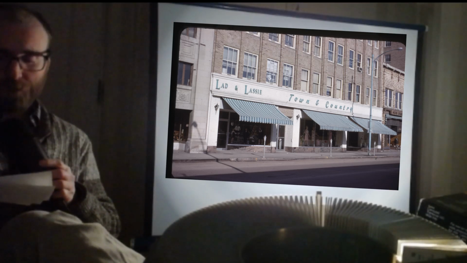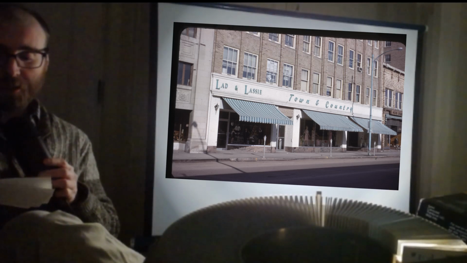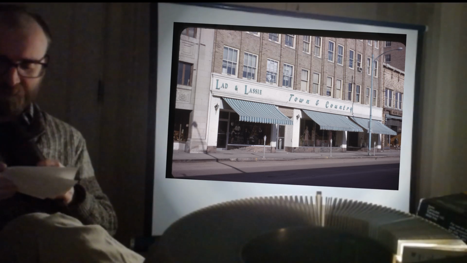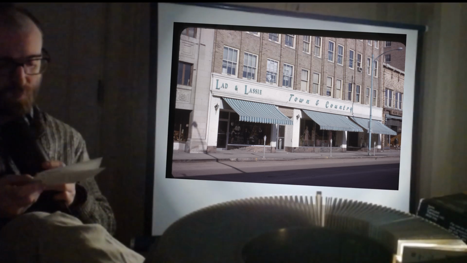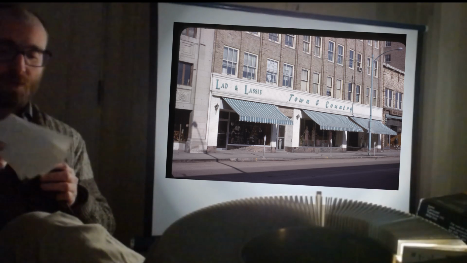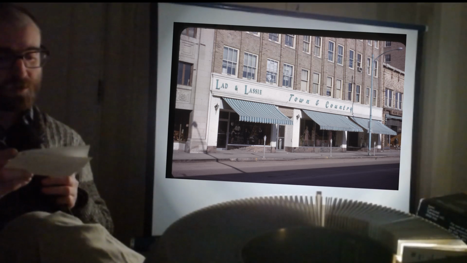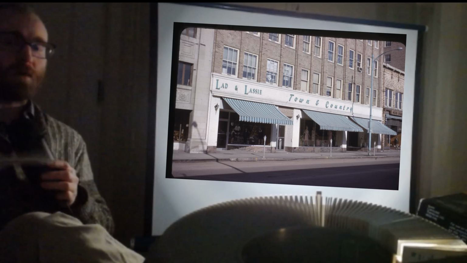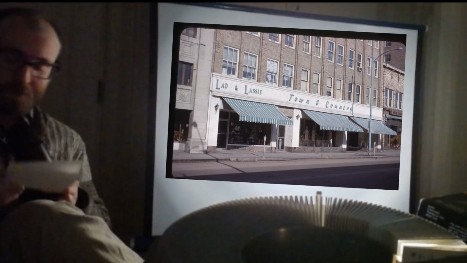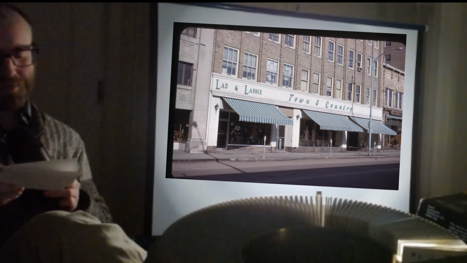That was for kids' clothing. And then you had Town and Country, which was for adult clothing. On the same sort of block, the Schuett family ran both of them. Fun fact, I guess, they started with the kids' shop. In 1960, they opened up Ladd and Lassie. And then in 63, they built on that by opening up Town and Country. And this mercantile enterprise continues into the 1990s.